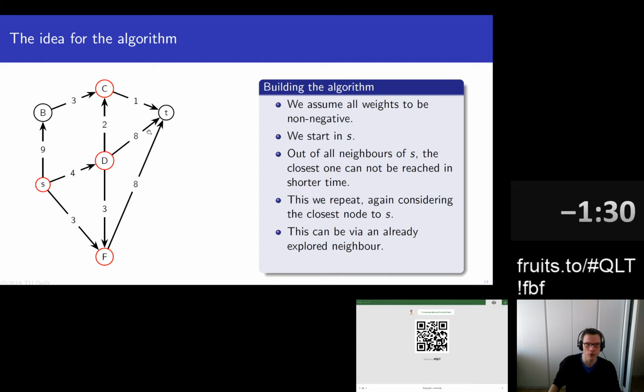So we could go to T in 8, we could go to T in 3, or we could go to F in 3. Right? So in that way, every time we take a look at the neighbors of our cloud instead of the neighbors of one point exactly. And we always take the closest neighbor of this little cloud. Good. That seems to have helped. Okay. And we repeat this procedure until T is the closest one we can get to.